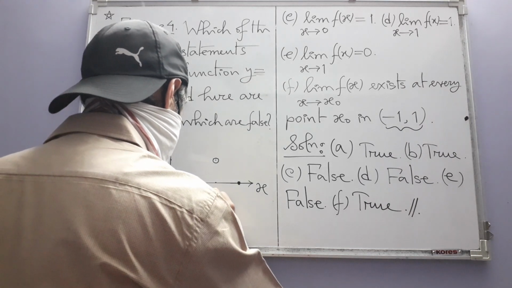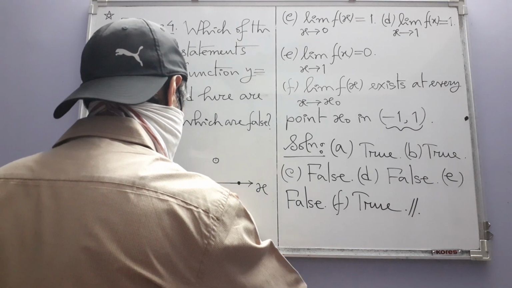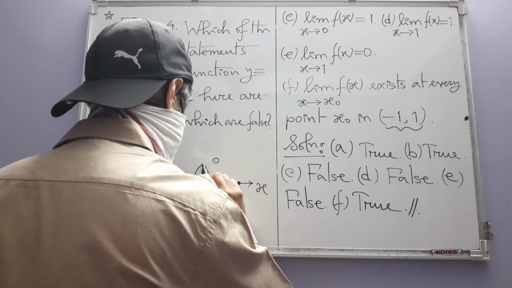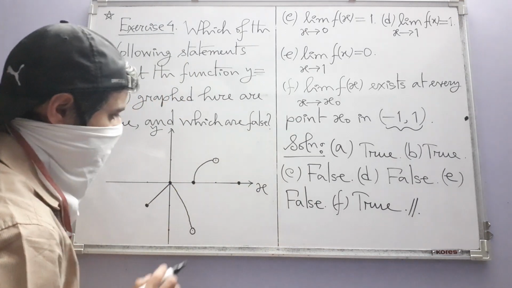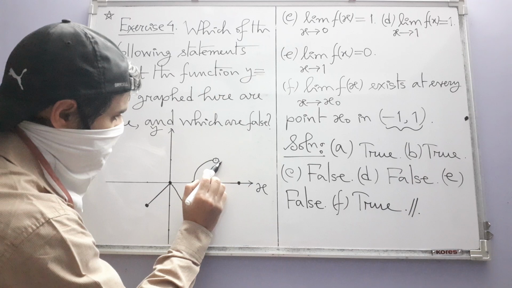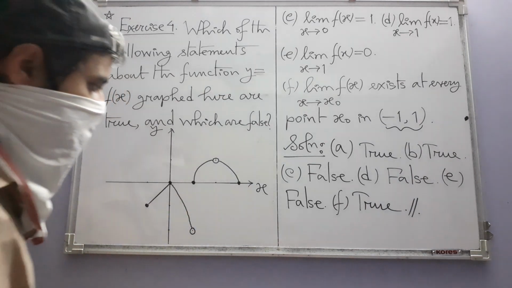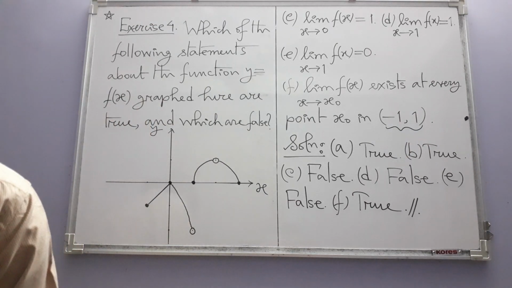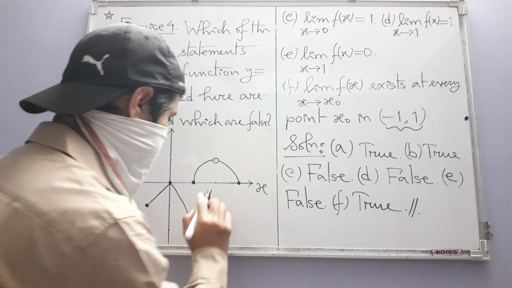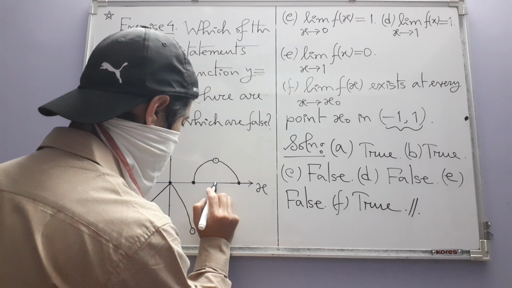And here it's a semicircle, and there I was saying that this 2 is a part of the graph because this point is not there.